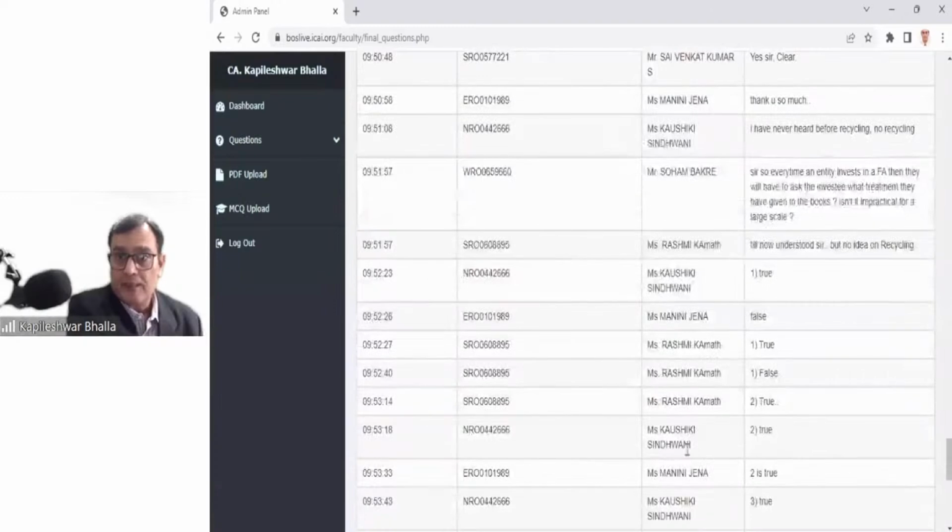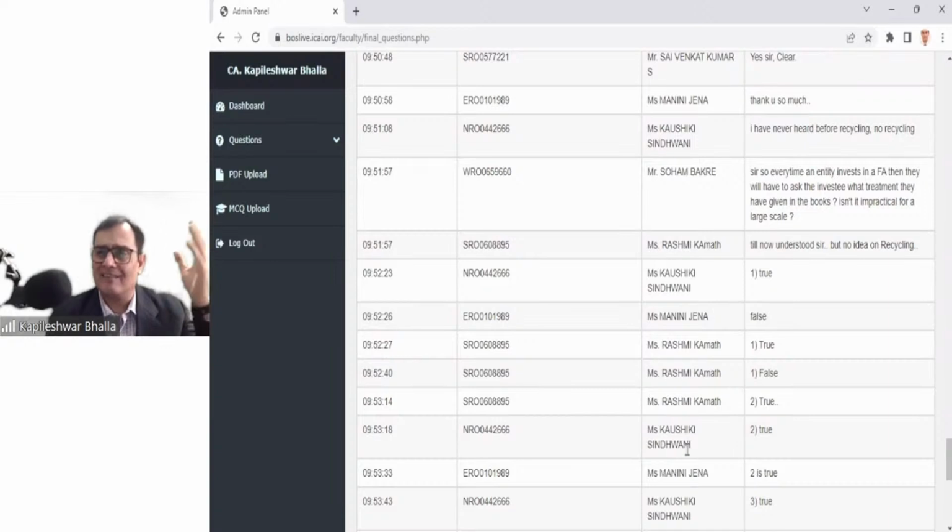Okay, Soham, you said that every time an entity invests in a financial asset, they will have to ask the investee what treatment they've given in the books. Well, it's not asking the investee, friends. Let me clarify. I'm saying that you need to step into the shoes of the issuer. You don't need to go to the issuer and ask him, boss, what is the status?